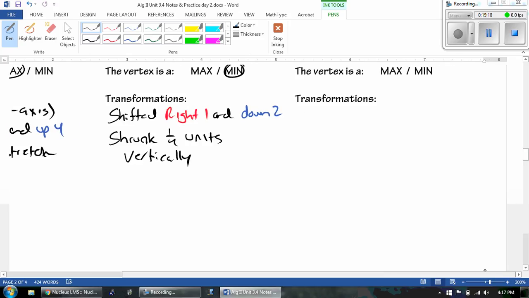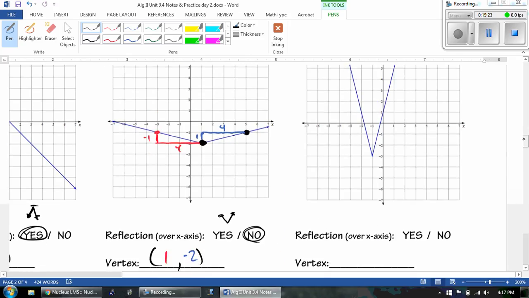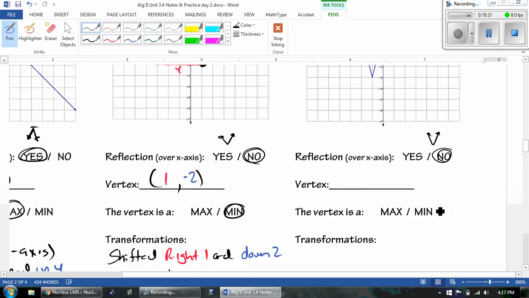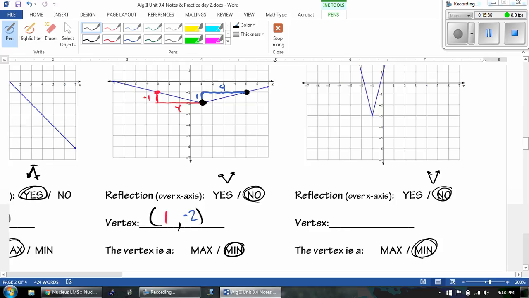All right, last one. Okay, so is there a reflection, yes or no? No. Okay, that's how our graph looks. It's opening up, so the vertex is a minimum. Speaking of vertexes, where's it at? Yeah, right here, which means we went left 1, and then we went down 3.